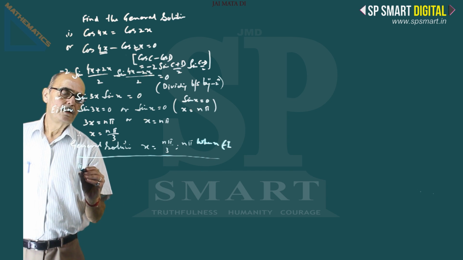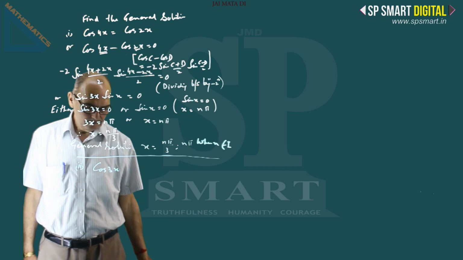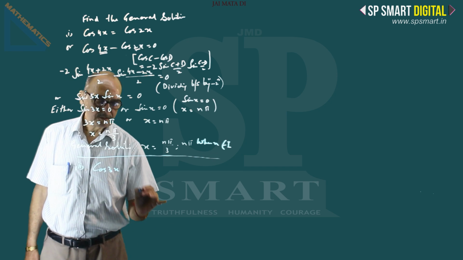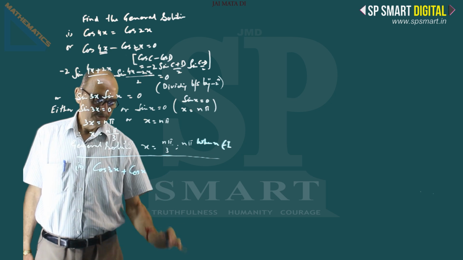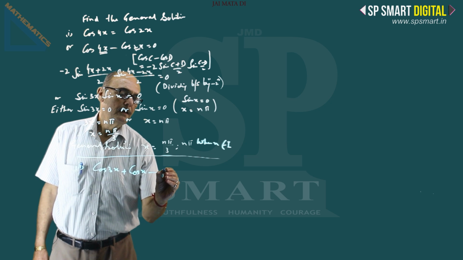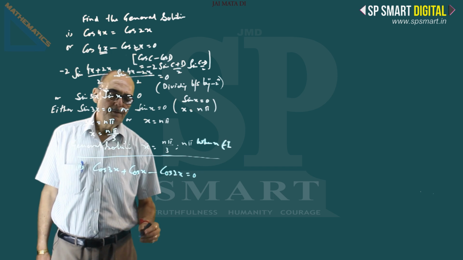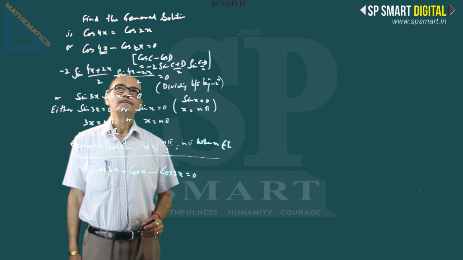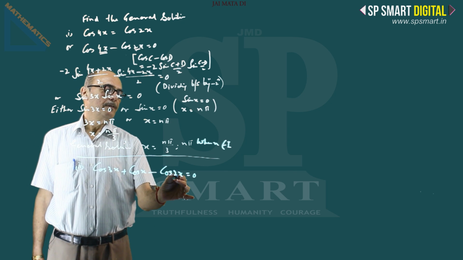Second problem: cos of 3x plus cos of x minus cos of 2x equal to 0. Again we find the general solution in this case. We observe here we have cos 2x.